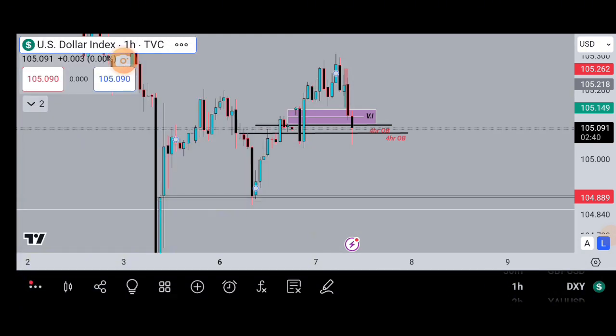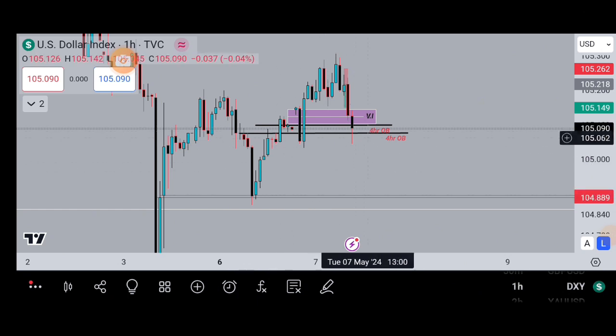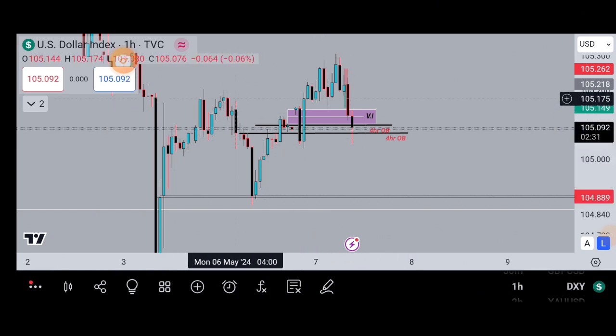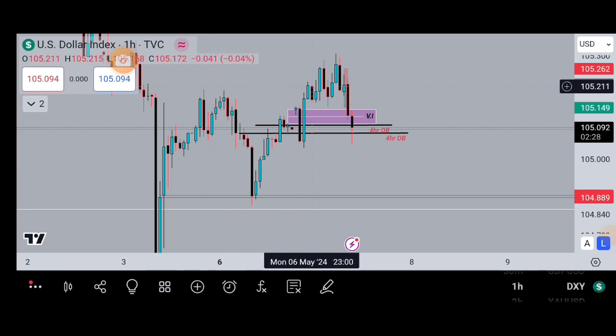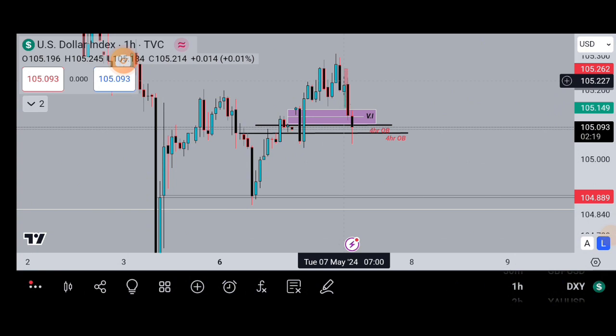Then we had this push higher, and we can see liquidities being swept. Then we had this consolidation. Then we had this drop, which I actually capitalized on, because I got a given challenge where I should also be trying to make some profit. So I capitalized on this move lower.